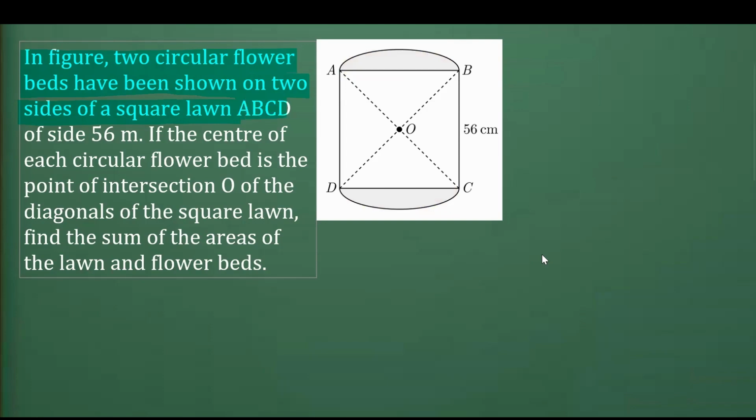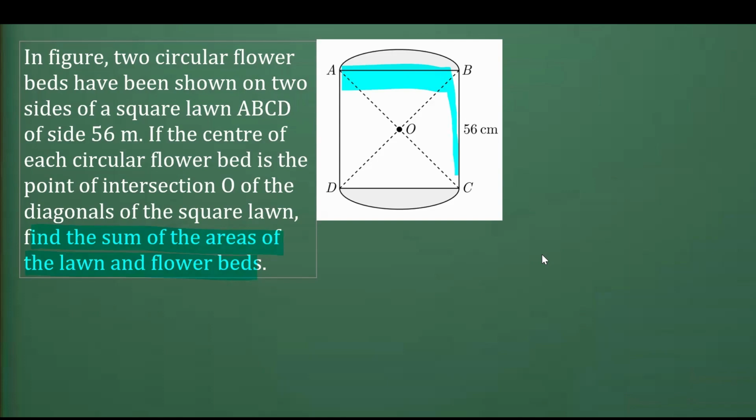And the figure is named ABCD, the side of the square is 56. If the center of each of the circular flower beds is the point of intersection of the diagonals, so O is the point of intersection of the diagonals of this square. Now, what we have to find out is the sum of the areas of the lawn and the flower bed.